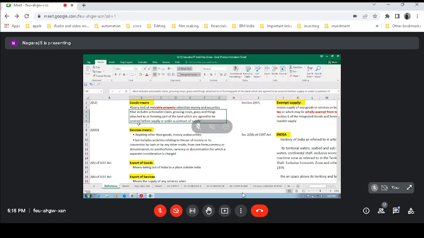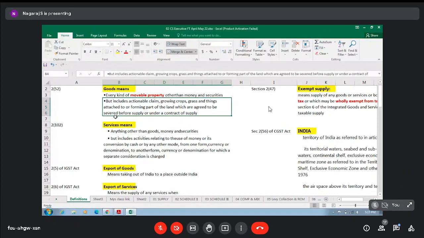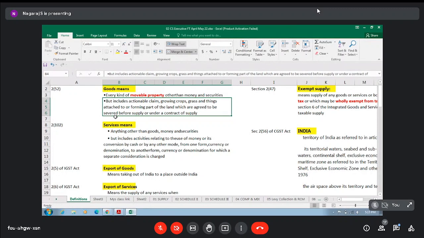Suddenly one day Ambani will come to you and he will tell you that I will take all the goods whatever you are growing, like coffee, tea, coconut and mango. You should not cut anything, you should not sell anything to anyone. I will only pay the required amount to you. That is the contract agreed by you and Ambani.